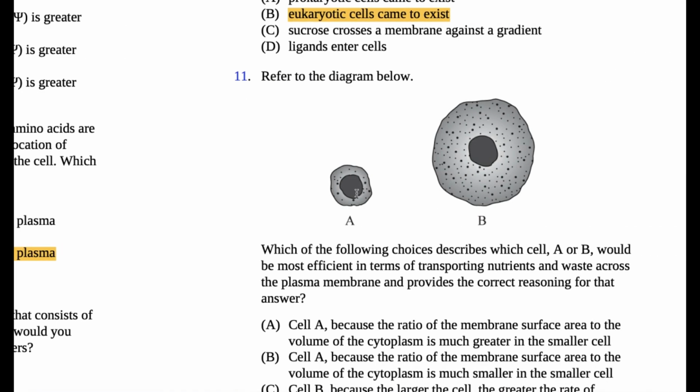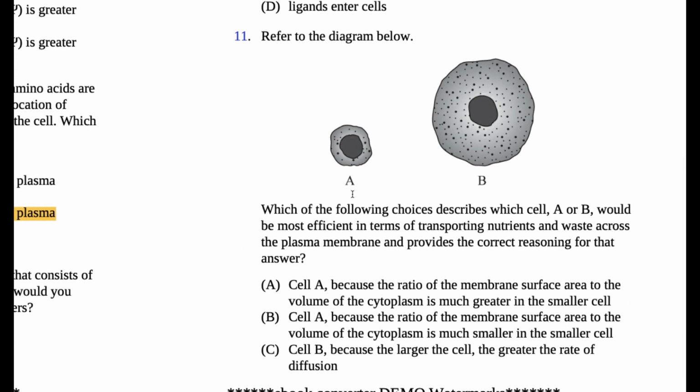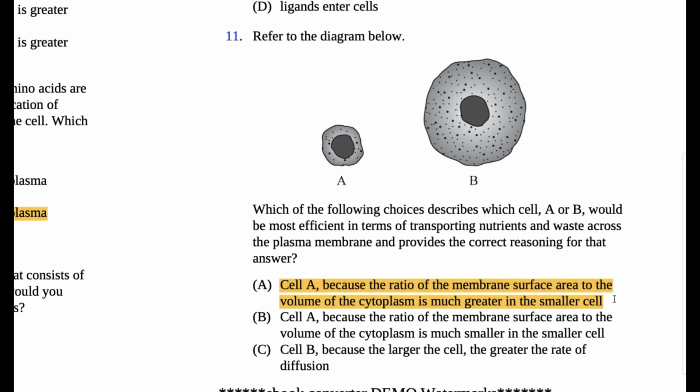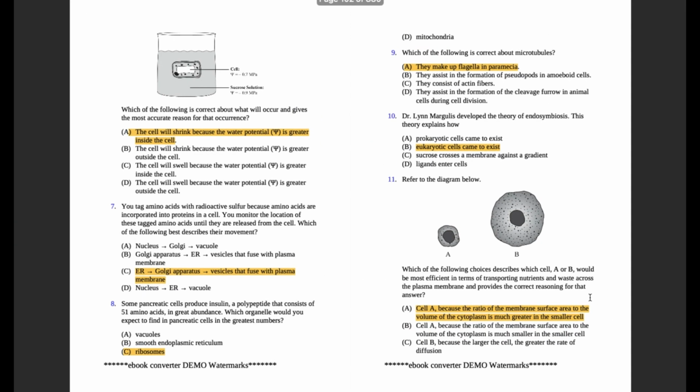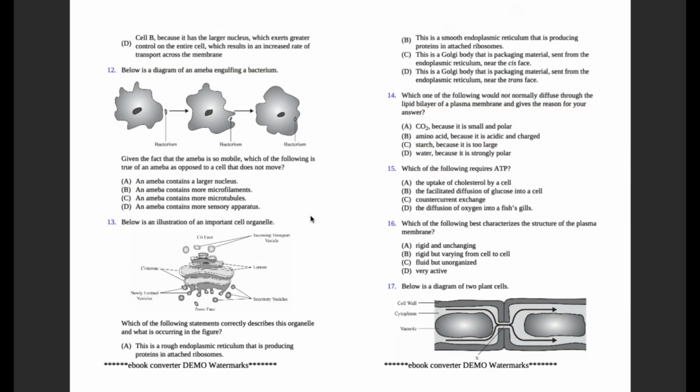So here the cell is much smaller, so it will have a higher ratio of membrane surface area to volume, right? So we can easily choose A. I don't even need to find out what choice C is, because I already know that A is correct. So we're going to choose A in this case.